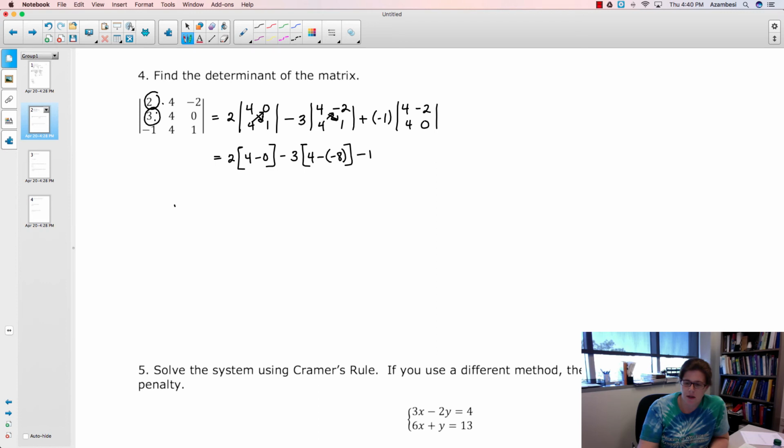And minus 1 here, I'll just leave that off, 1. 4 times 0 minus negative 8. 2 times 4 minus 3. Inside here, 4 minus negative 8 gives me 4 plus 8 or 12. And minus, in here I have positive 8. So 8 minus 8 gives me 0, and I have negative 36 for my determinant.